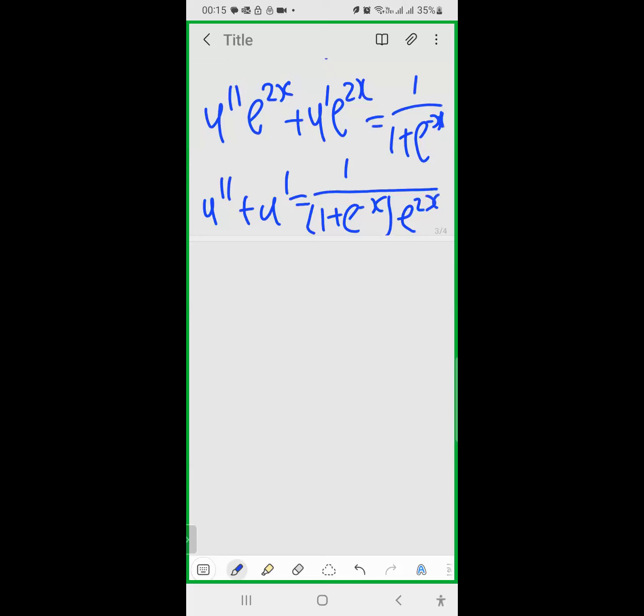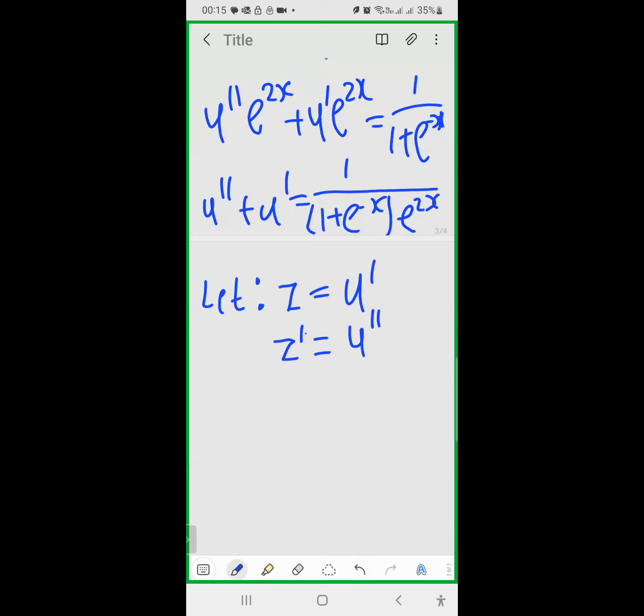Then from here, we have to reduce this equation to a first order linear differential equation. So we're gonna let z be equal to u prime, hence z prime will be equal to u double prime.